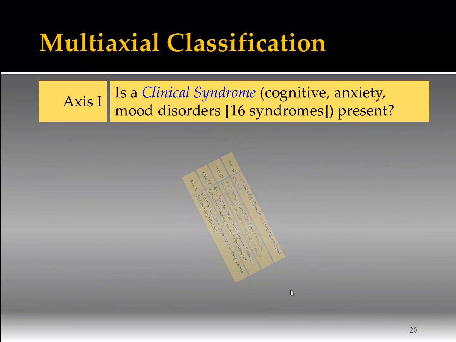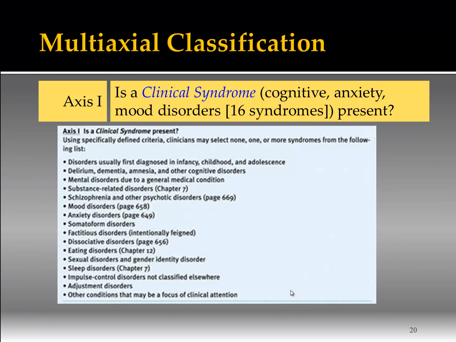Let's take a little bit better look at it. Here's from our textbook, you can see the complete list of the 17. We come down through there, we have substance abuse related, schizophrenia, mood disorders such as depression, anxiety disorder, phobias, things like that, somatoform, dealing with the body.